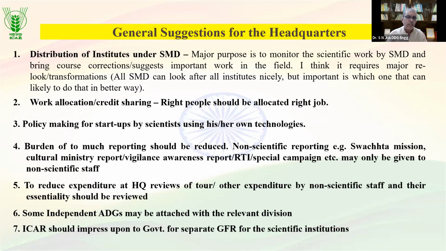To reduce expenditure at headquarters, tour travel and other expenditure by non-scientific staff and their essentiality should be reviewed. Some independent ADGs may be attached with the relevant division, then probably much more work may be possible. ICAR should impress upon the government for a separate GFR for scientific institutions, with the help of PSA and other such bodies.